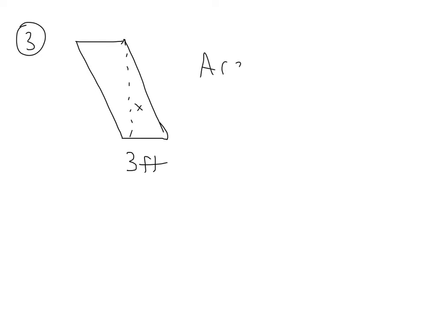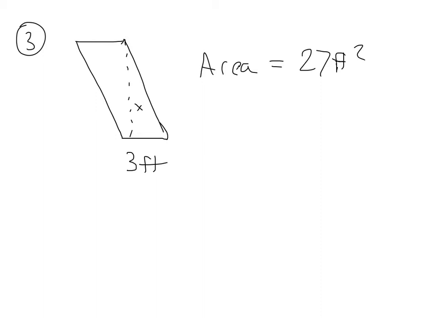So let's say there's a parallelogram, and let's say it has a base of 3 feet. It's got a height of unknown, but we know the area equals 27 feet squared.